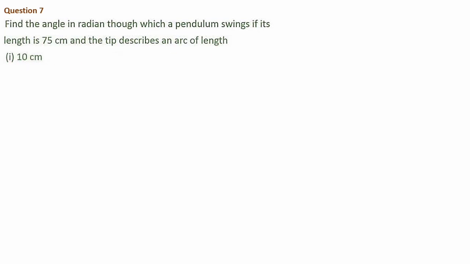So here this is the visualization. There is a pendulum. Pendulum means there is a spherical ball here and one end will be tied here through a string. And the pendulum, when we pull and release, just swings, meaning it comes here and goes back, here and goes back. It goes like this. This is the movement. And at a particular angle theta here, it creates an arc length of 10 cm, meaning only a particular portion is considered here.